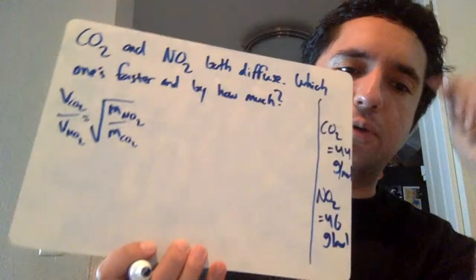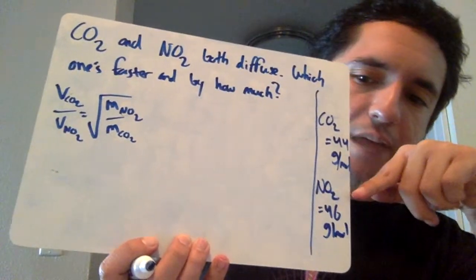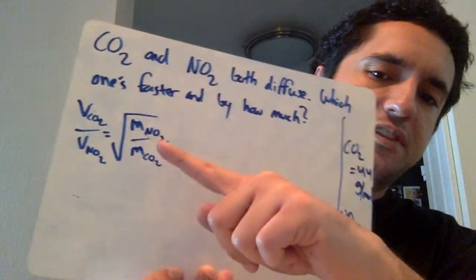So instead of A, I'm going to write CO2 down. Instead of B, I'm going to write NO2 down. CO2 is going to be quicker. It's slightly less massive. So I'm going to get VCO2 by itself. Multiply both sides by V of NO2.